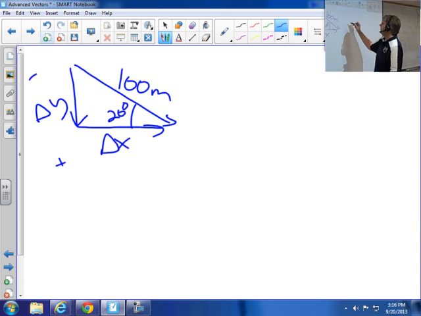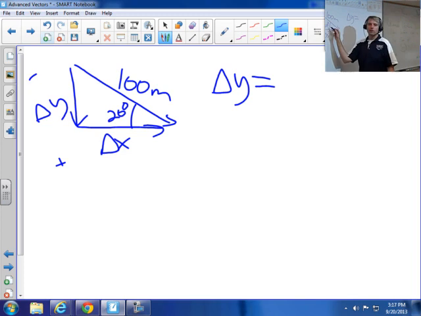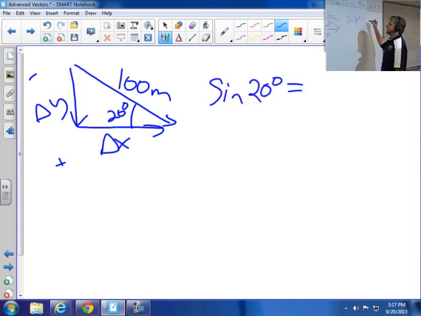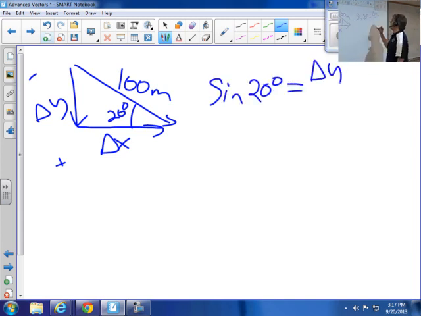All right. Let's see if we can find delta y, or y displacement. Well, it's the side opposite an angle that we know, the 20-degree angle. And I know the hypotenuse, so I need to use opposite and hypotenuse. So I'm going to use the sine. So here's how I'm going to do it. I'm going to say that the sine of 20 degrees is the opposite side, the y displacement, over the hypotenuse, 100 meters.